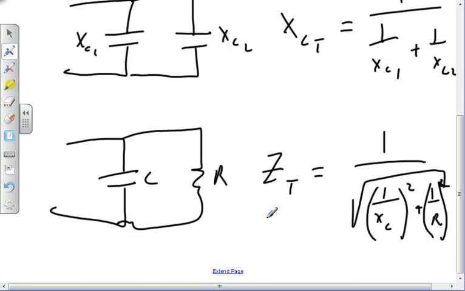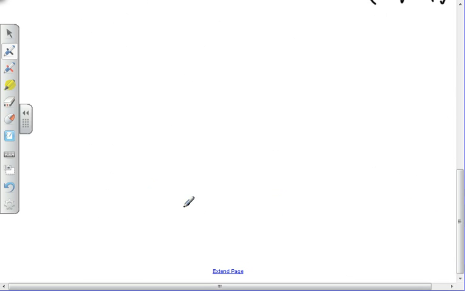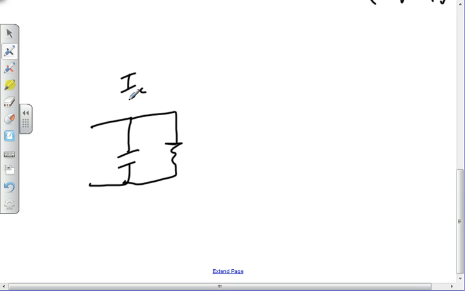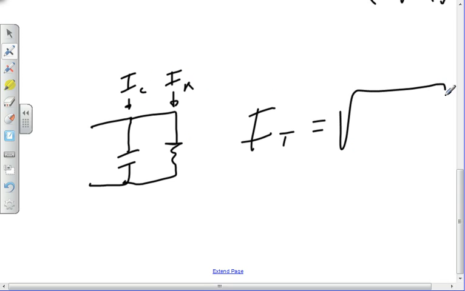All right. If I consider a circuit with a capacitor and a resistor, and I ask myself, what is the current through the capacitor, what's the current through the resistor, and how does that relate to current total? Well, current total will be the square root of the current through the capacitor squared plus the current through the resistor squared, for the same reason, because these are still 90 degrees out of phase.